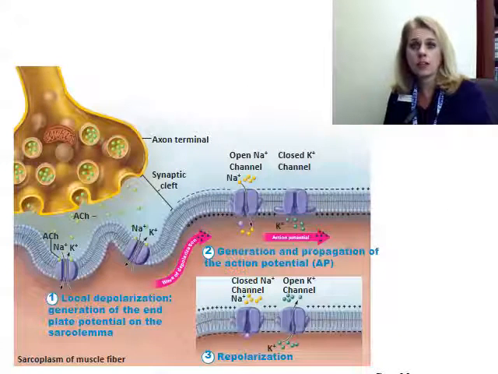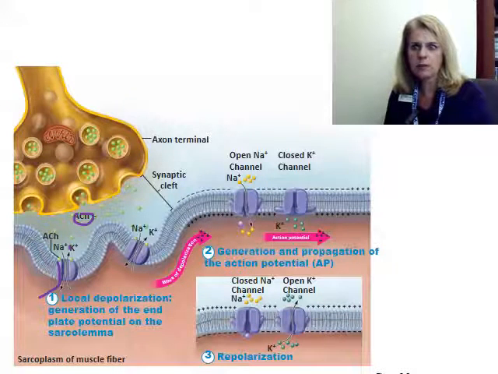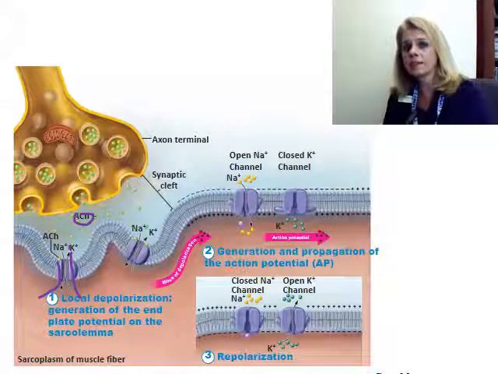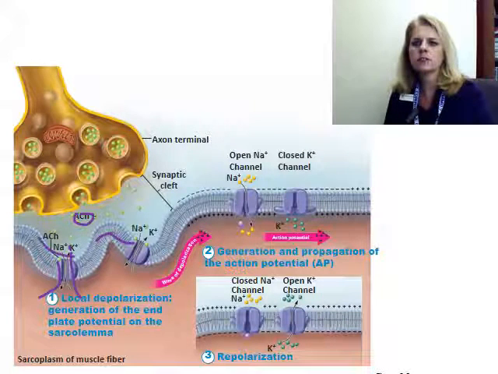So let's see what that looks like. Here comes the acetylcholine. It binds the channel. Sodium rushes into the muscle cell. Potassium leaves the muscle cell. This causes it to become slightly positive, to depolarize. Well, this starts a depolarization wave that will spread in both directions down the muscle sarcolemma.